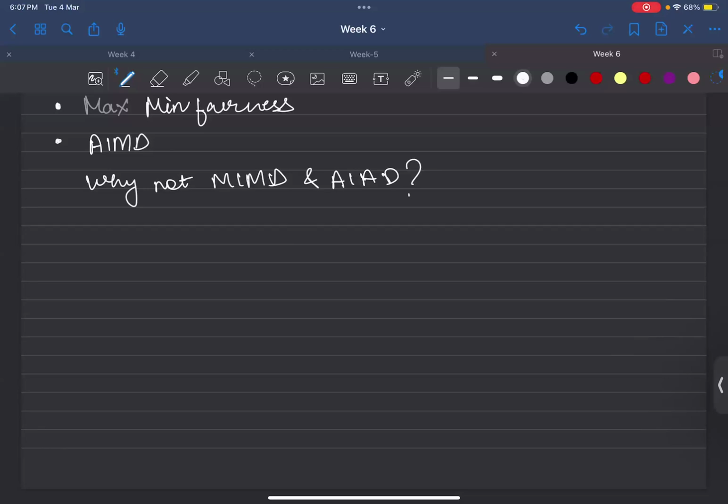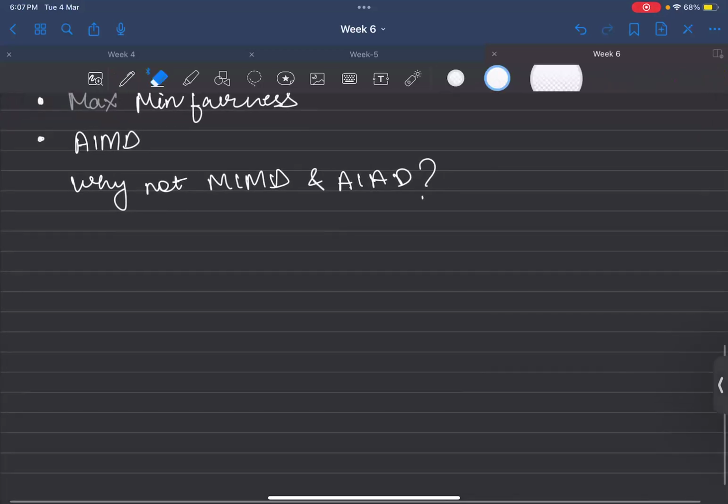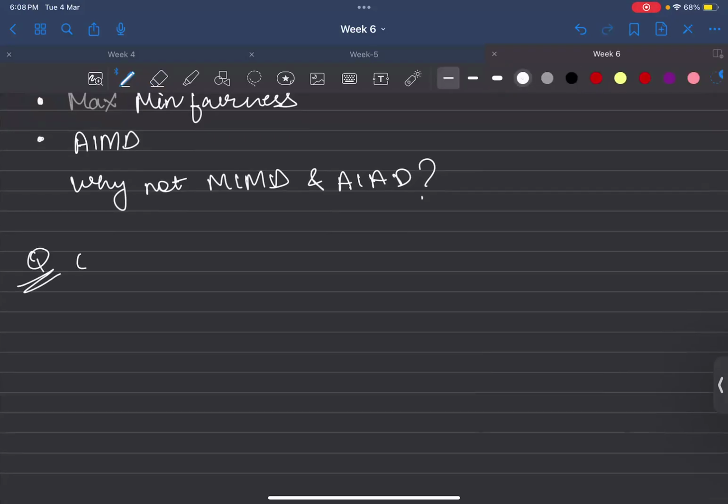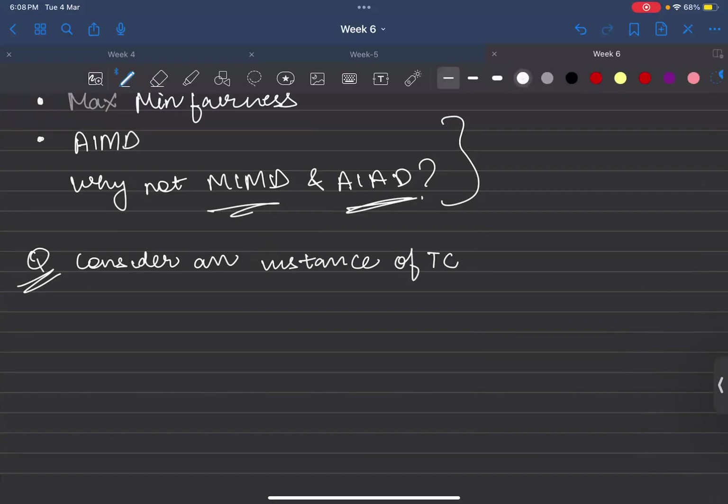So let's have a numerical so that you can get more clarity about AIMD and how we are going to solve it. I'll solve the numerical, and then you'll understand what is AIMD, what is MIMD, what is AIAD, and why we are not using multiplicative increase, multiplicative decrease. I'll solve one numerical as usual, and the second one I'll expect from you guys.